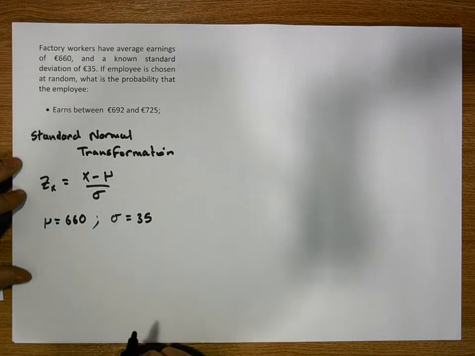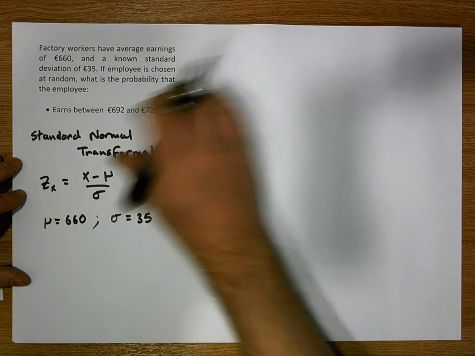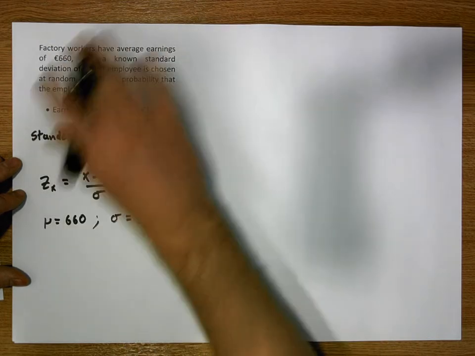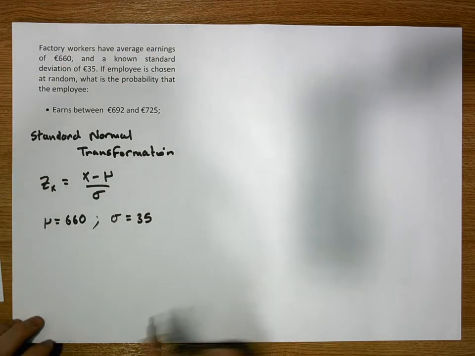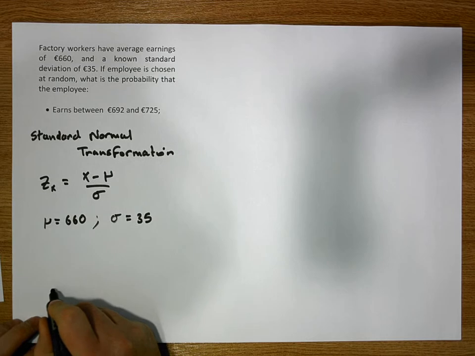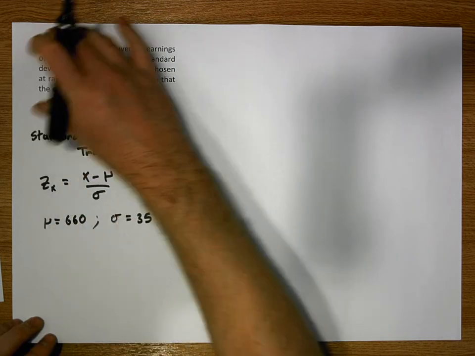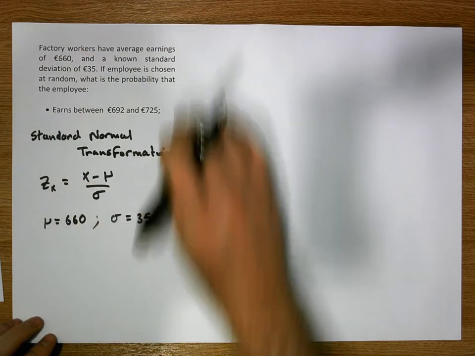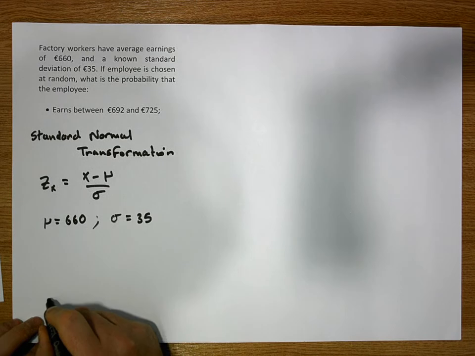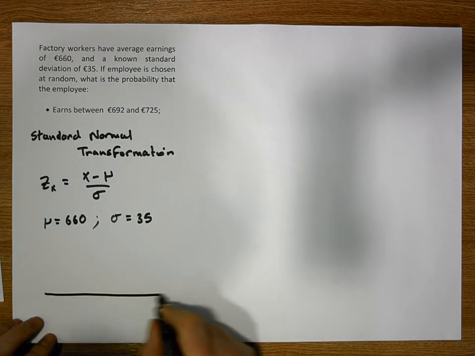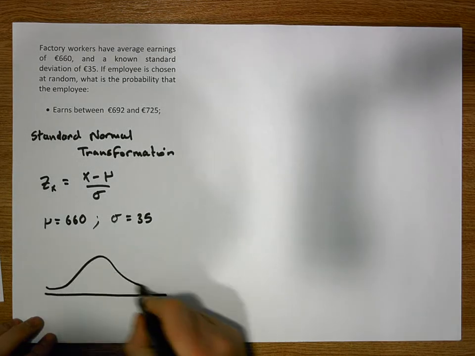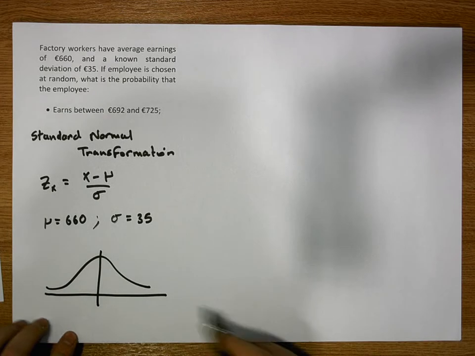Okay. So what we're going to assume in all of these cases is that the population is normally distributed. Because we're assuming a normally distributed population, we can represent this particular population through a curve. So this population is represented by a normally distributed, bell-shaped curve.